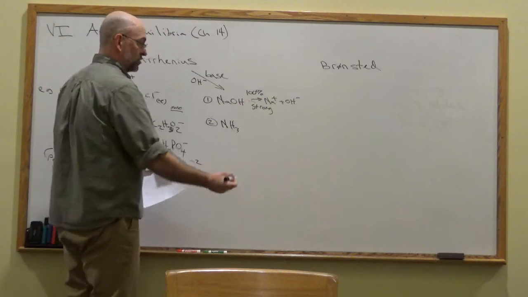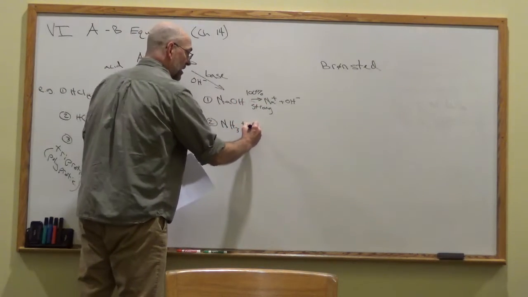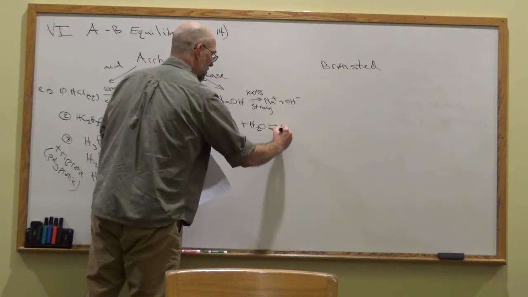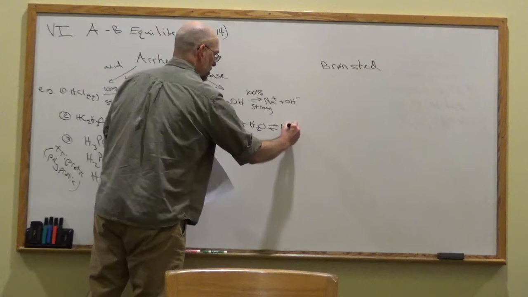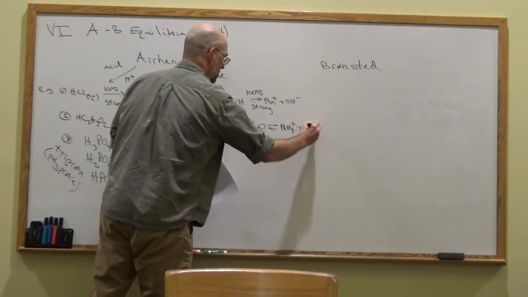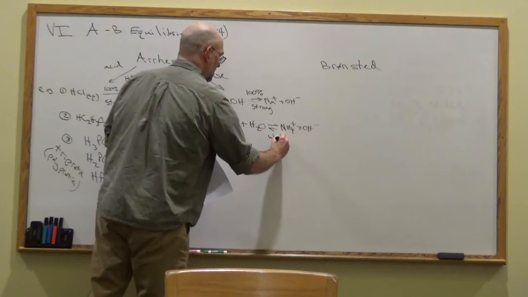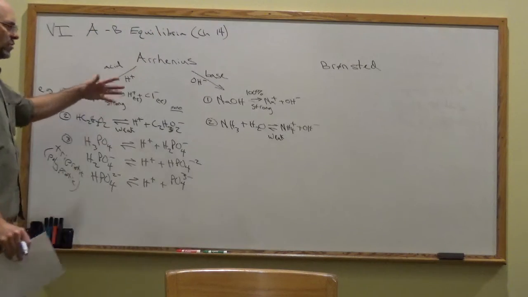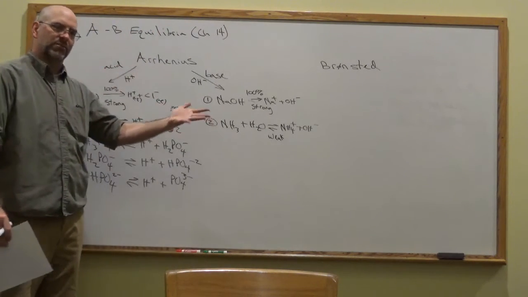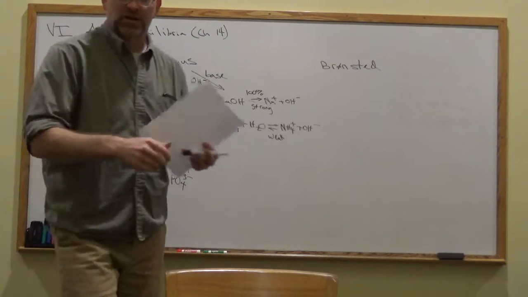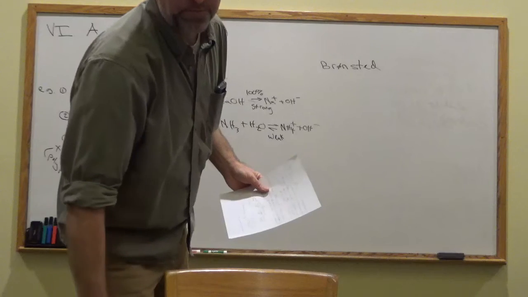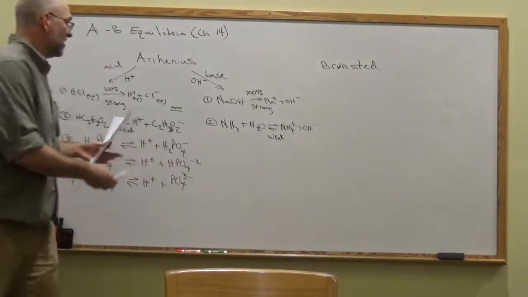Sometimes it's not just simple dissociation, sometimes to get the OH minus, there's a reaction with water. And this is an example of a weak base. So these are the Arrhenius definitions, which we've already done before. And I just want to double check to make sure that we're getting those. So that's really nothing new.